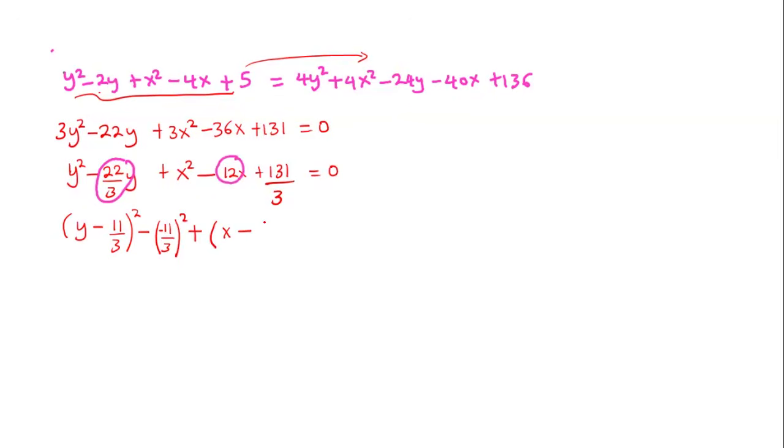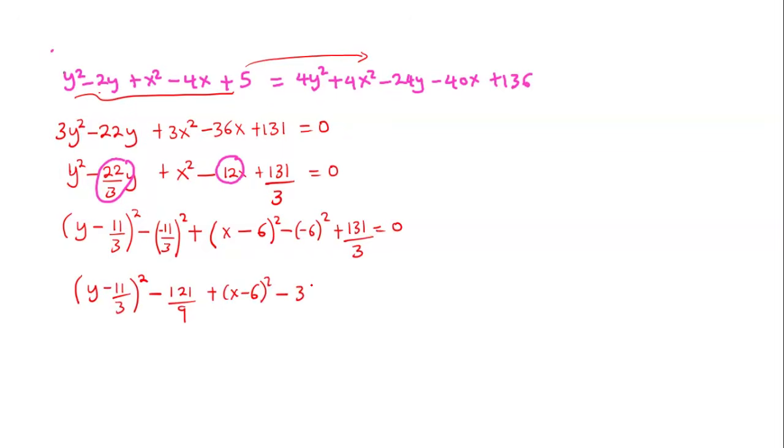So this is going to be now my 6, everything squared, minus negative 6 squared, then plus 131 out of 3 equals to 0. So here I can write it as y minus 11 out of 3 squared minus 121 out of 9, then plus x minus 6 squared, then minus, is that 36? Then plus 131 out of 3 equals to 0.